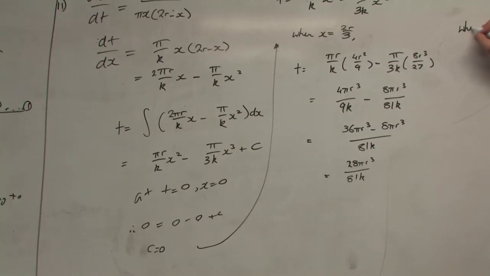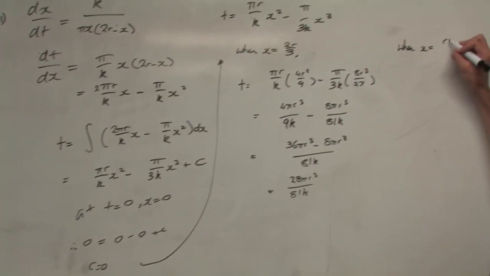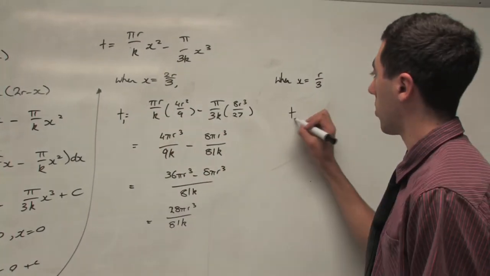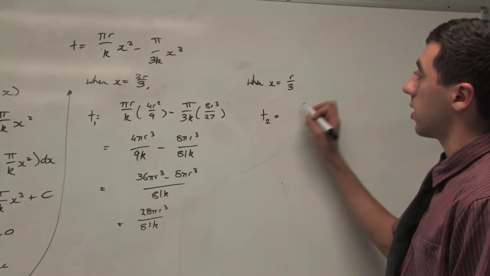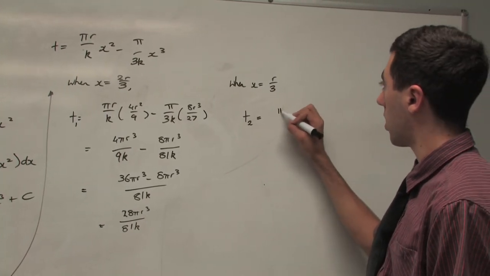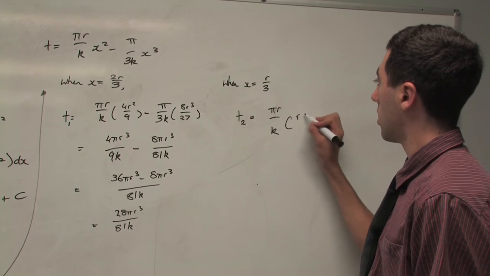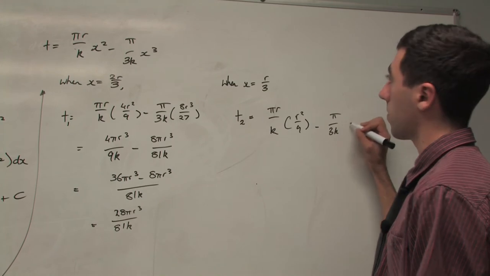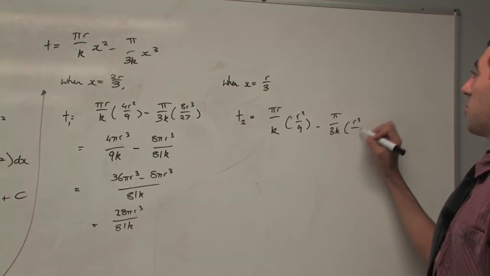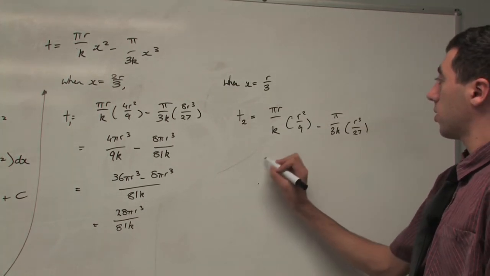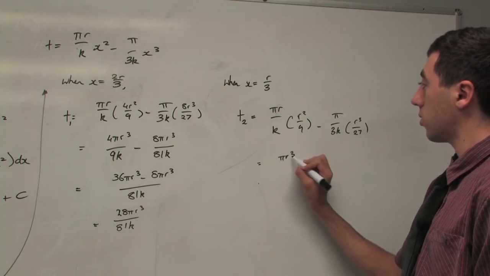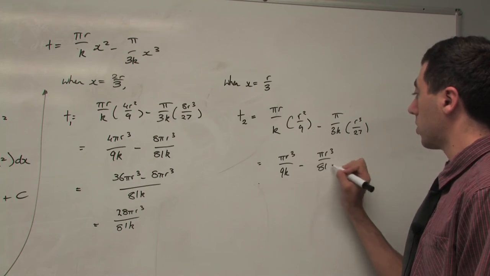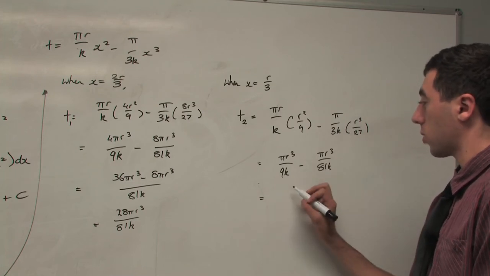And now when x is equal to r over 3, we'll do the same process. So we'll call this t1 and we'll call this t2. So t2 is now equal to pi r over k times r squared over 9, minus pi over 3k times r cubed over 27, which is equal to pi r cubed over 9k minus pi r cubed over 81k, which again we'll put over a common denominator.